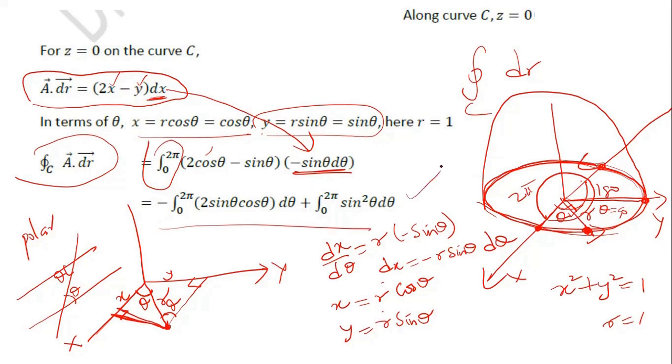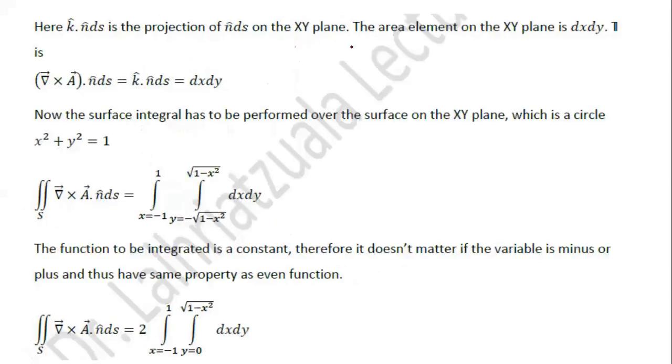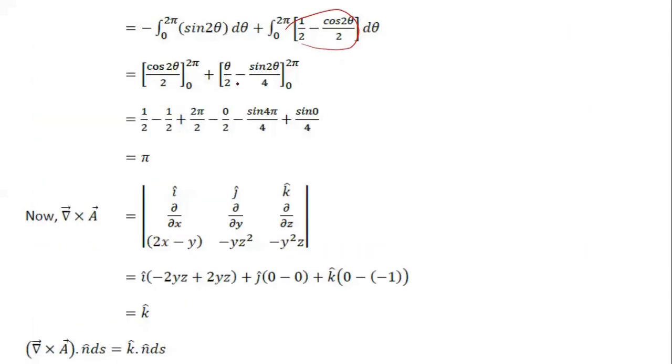And in order to integrate sine square theta, you have to use the cos 2 theta formula, which is given here. Sine square theta will be 1 upon 2 into 1 minus cos 2 theta. So I think you can follow the subsequent integration step.